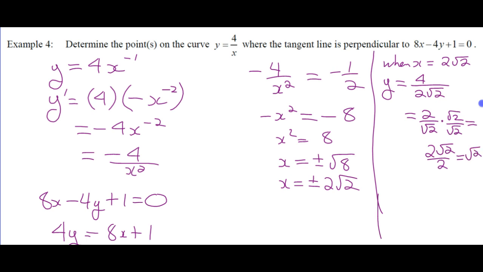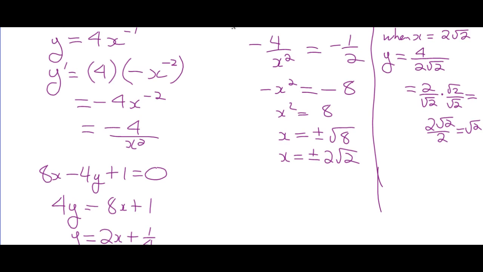Okay? So one point is 2 root 2 comma root 2. Okay, that's one point.